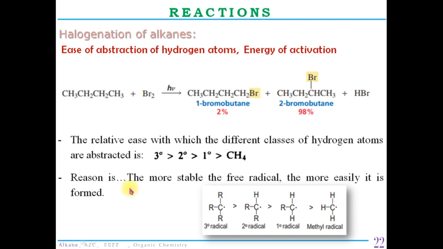So we know that the more stable the free radical is, the more easily it is formed, and the relative stability of radical is over here: the tertiary radical is most stable, then secondary, then primary, and lastly methyl radical is least stable.